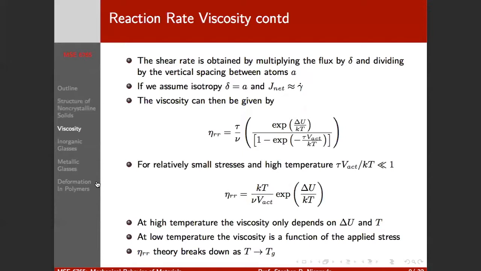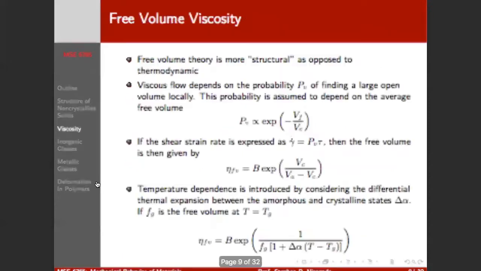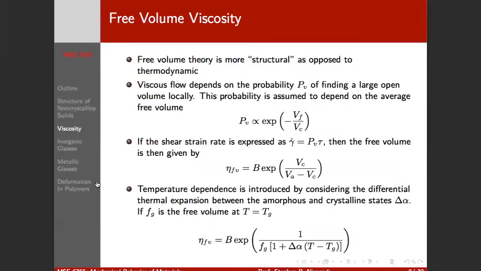So once we're there, then we behave very much like a pure elastic solid, right? So this is really only applicable in the realm between melting and Tg, right?